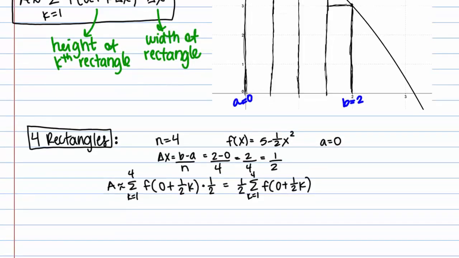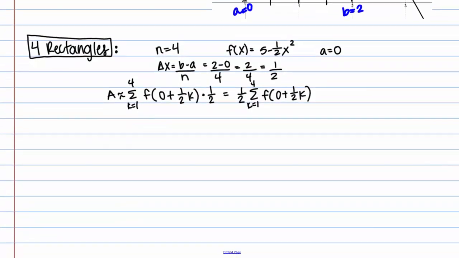What that's telling us to do is take this expression, 0 plus 1/2 k, and plug it into f of x. So my f of x is 5 minus 1/2 x squared, and I'm plugging in 0 plus 1/2 k. So now I have 5 minus 1/2 times the quantity 0 plus 1/2 k squared, and that's all inside my summation.